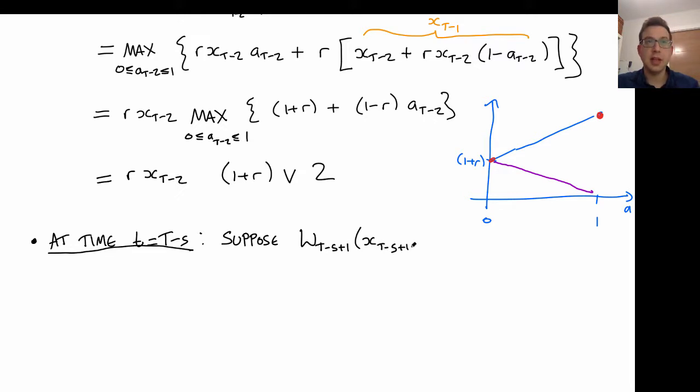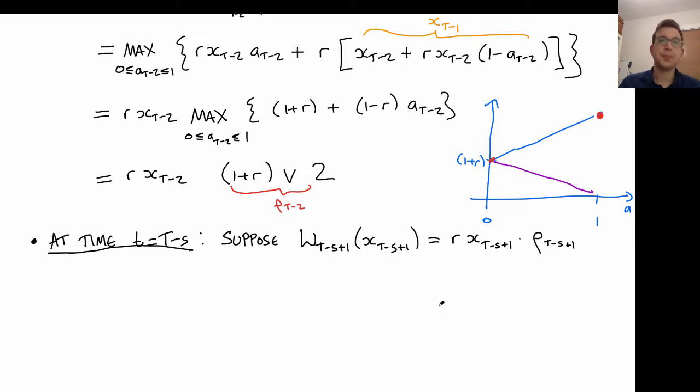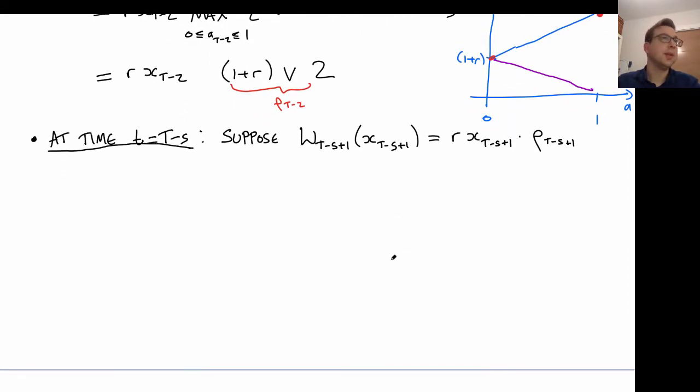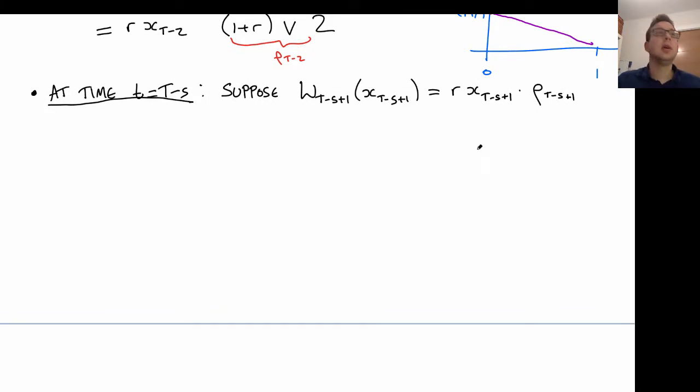It's x of capital T plus 1, and it's again the reward times the consumption times rho of capital T minus s plus 1, so some factor that I've multiplied on. So in this case over here, this is rho of t minus 2. Okay, we want to know how this is combined together to give the next value, right? If indeed it does combine together to give the next value, we can follow the same steps as before.